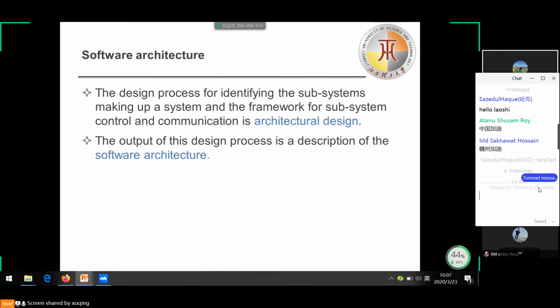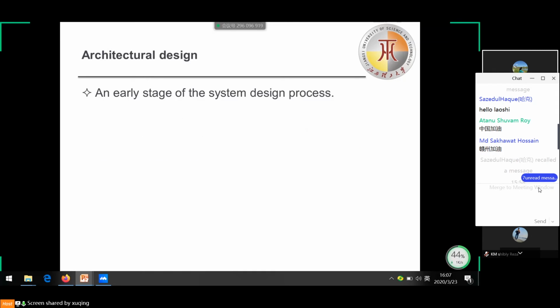Pay attention, the output of the design process is a description of the software architecture. And with the architectural design or architectural model, we describe how the system is organized as a set of communicating components.